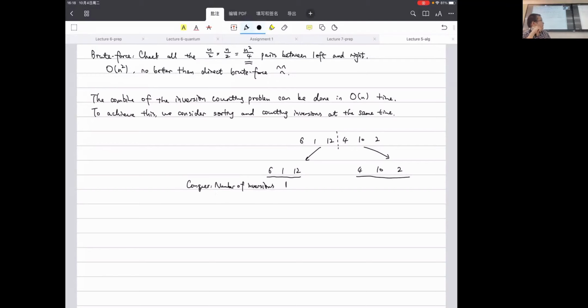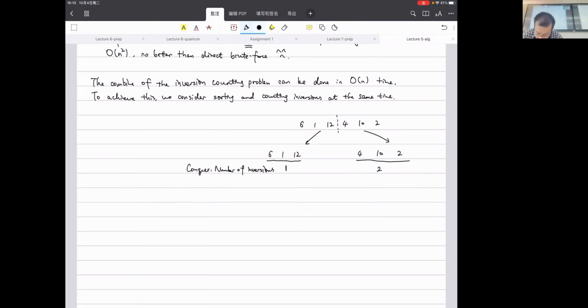Six is smaller than 12, and 1 is smaller than 12. For the second part, 4, 10, 2, the number of inversions is 2, because we have the pairs 4 and 2, and also 10 and 2. If we only have this, this is probably not very helpful enough. But here we consider a merge and sort.